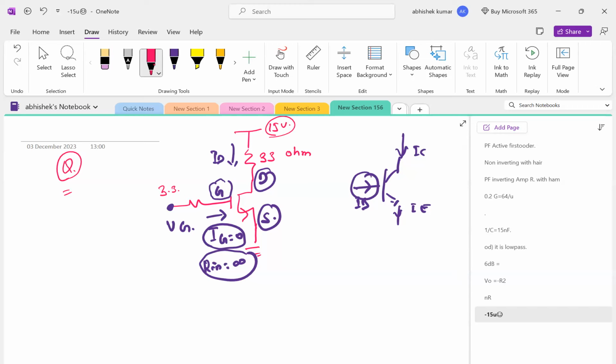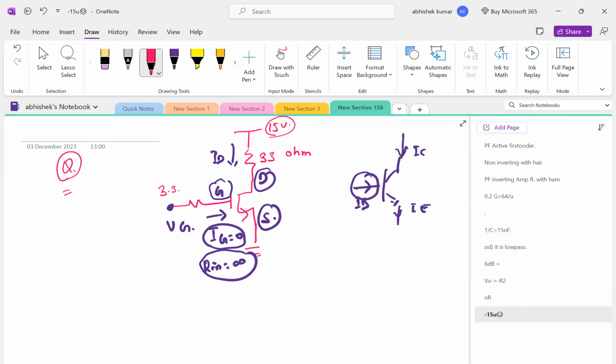Let me think also. Design a circuit translation. That's all they're saying.